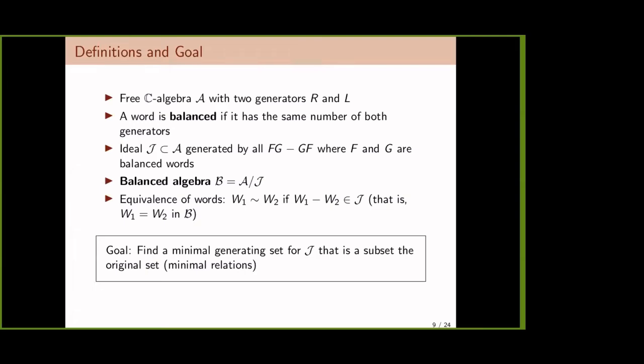Theoretically there could be some other generating set with some crazy looking generators which is smaller in some sense, but the problem that I'm working on is finding a minimal generating set that is a subset of this original set. So all the generators are of this type fg minus gf. And that's what we mean by finding minimal relations.